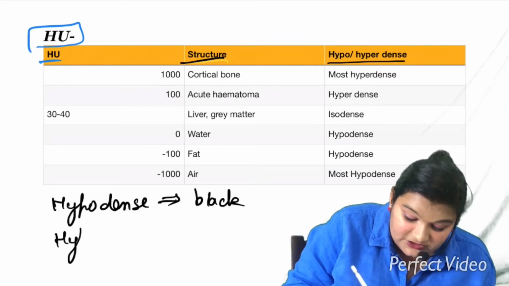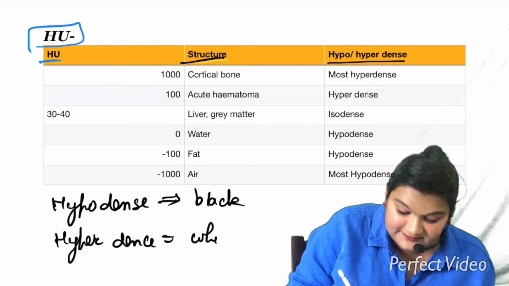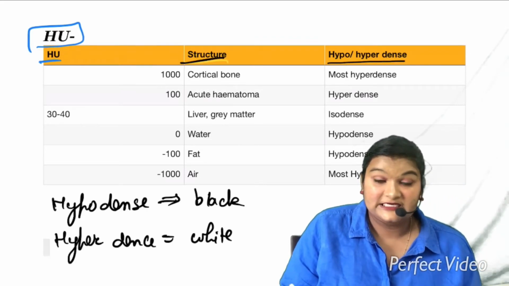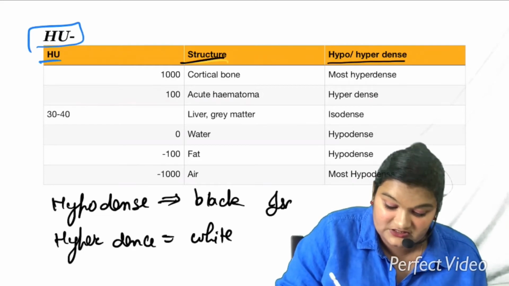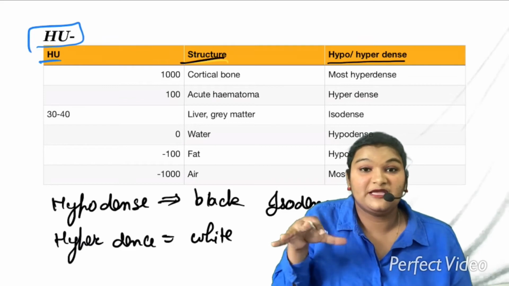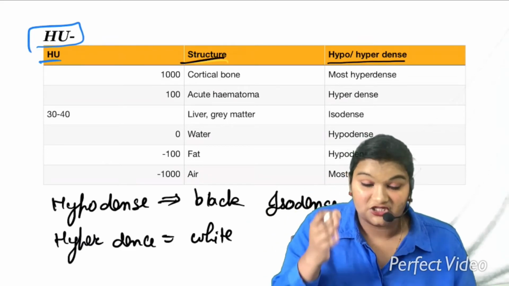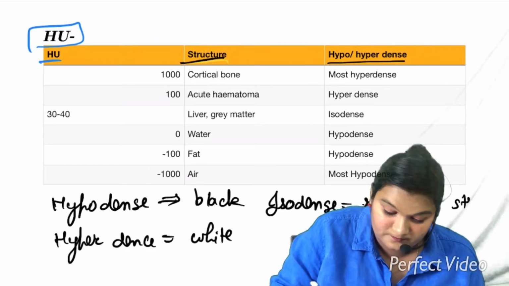Then opposite to hypo you have hyper. So hyperdense will appear white, right? Now the catch or glitch in this CT scan is that an isodense structure doesn't mean it is iso or in equilibrium with both of these. Here the isodense structure means the reference structure.